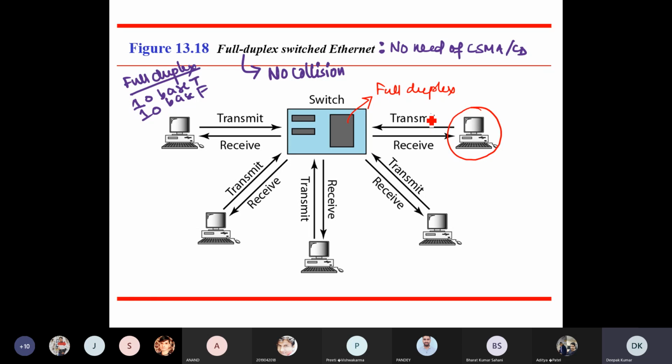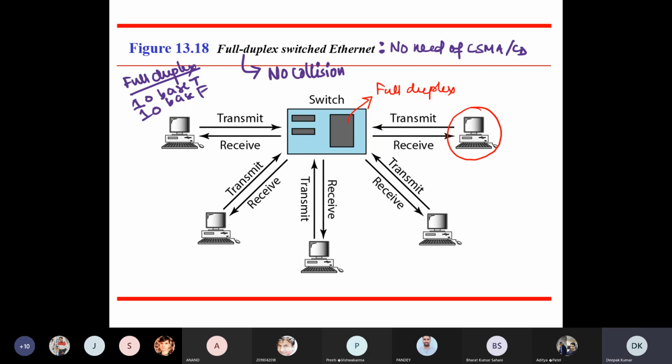In this technique, since each node is connected through a pair of cable, simultaneously it can transmit and receive, and each node is connected independently, without affecting the other nodes, directly to the switch. So here collision is null. No collision will be present.